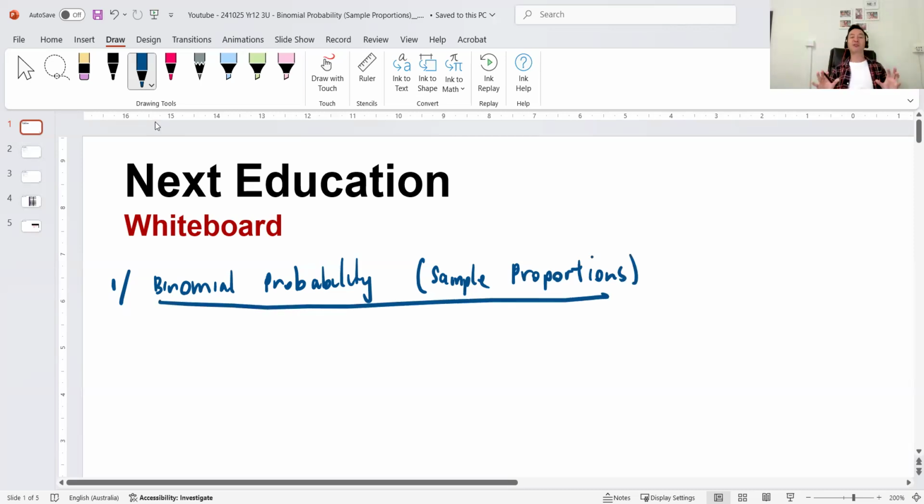Now, the best way for me to illustrate the differences is to start with an example. Let's go with a multiple choice question, an MCQ.